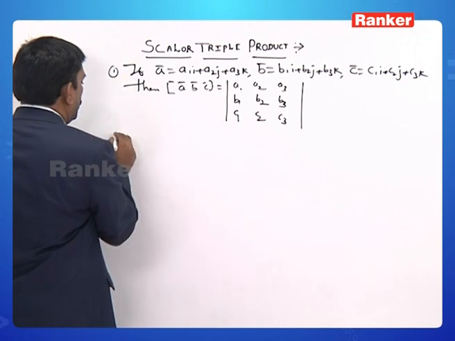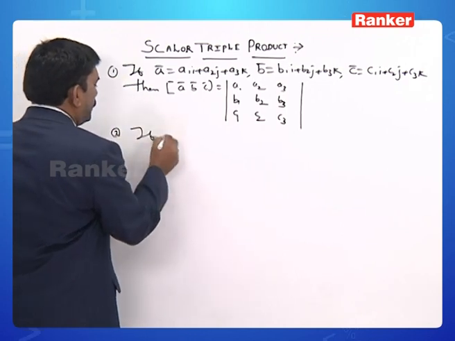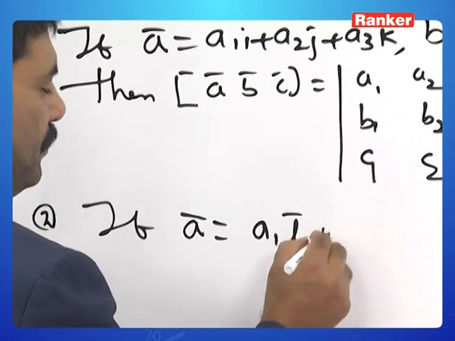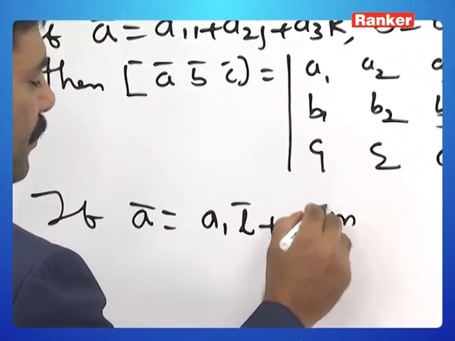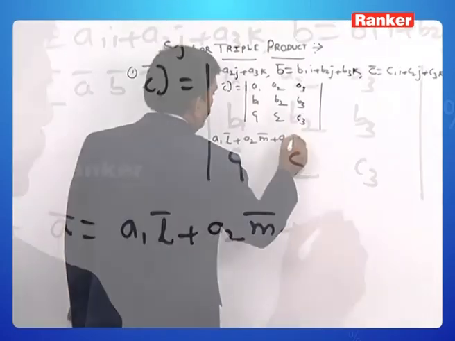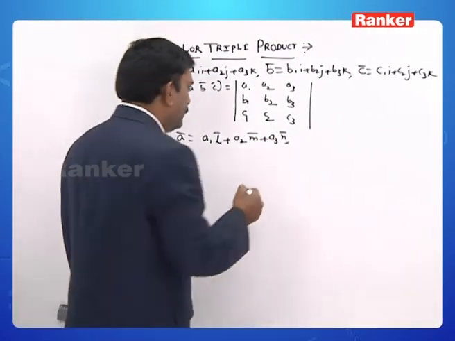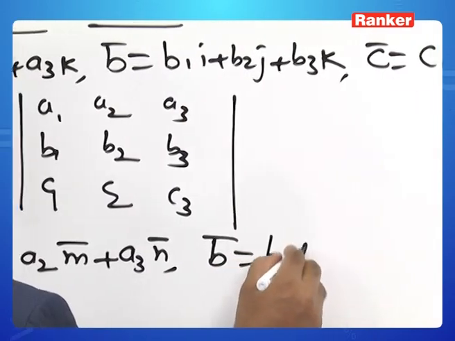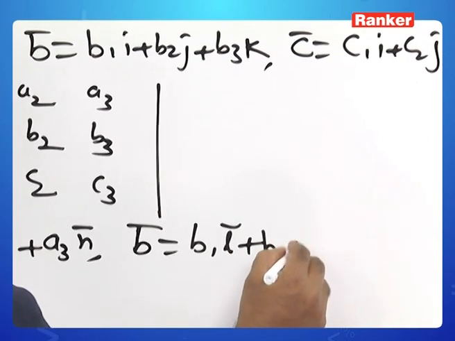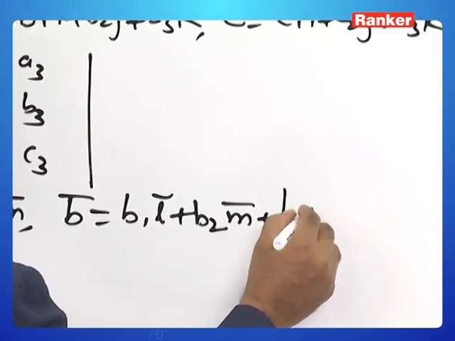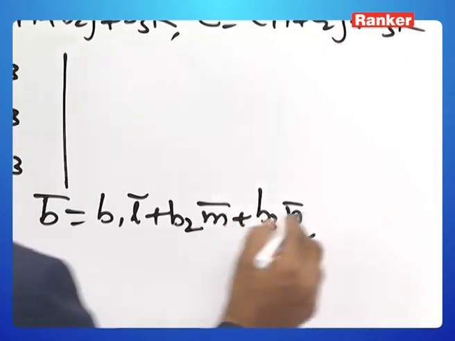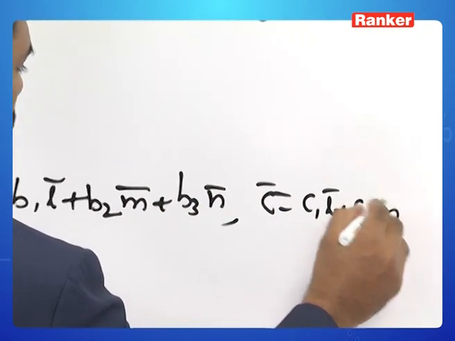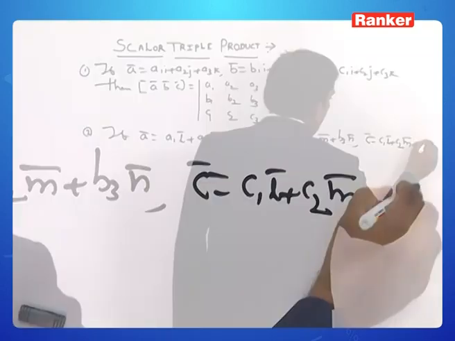First one is, if A bar is equal to A1 into L bar, A2 into M bar, A3 into N bar, B bar is equal to B1 into L bar, B2 into M bar, B3 into N bar, C bar is equal to C1 into L bar, C2 into M bar, C3 into N bar.